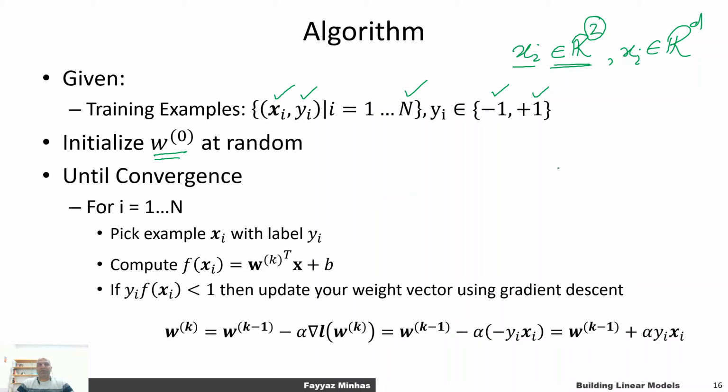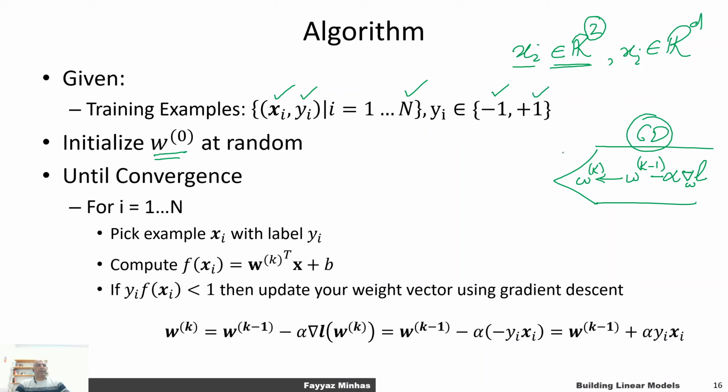The fundamental equation of gradient descent is: we assign wk to be the previous value, wk minus 1, minus alpha times the gradient of the function that we want to optimize with respect to w.